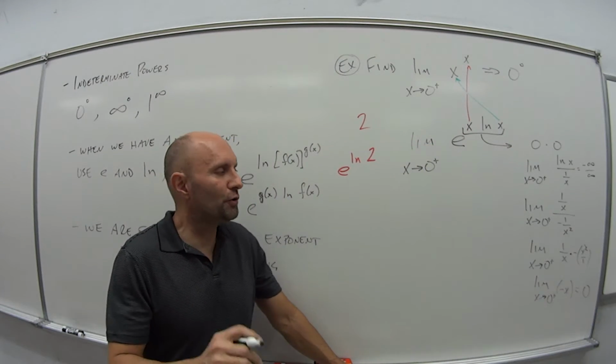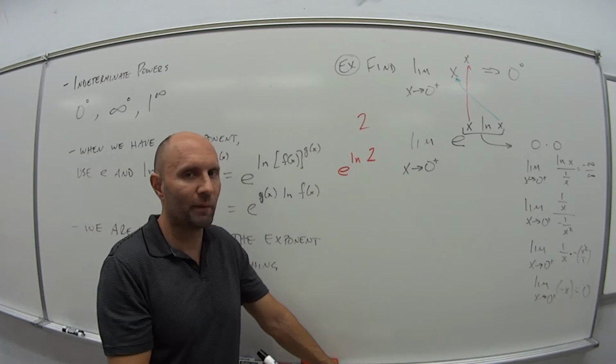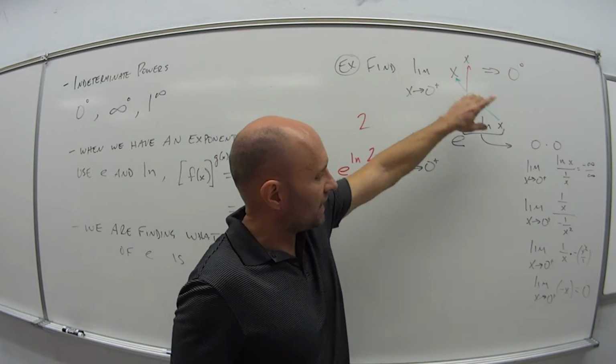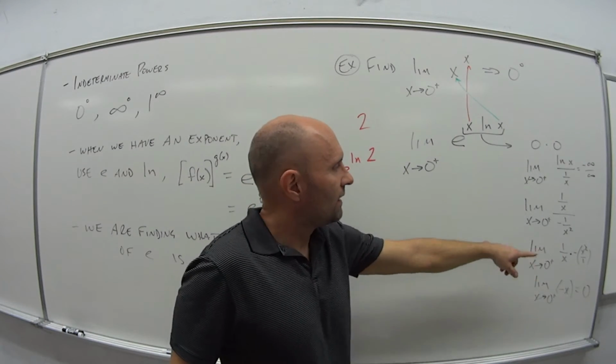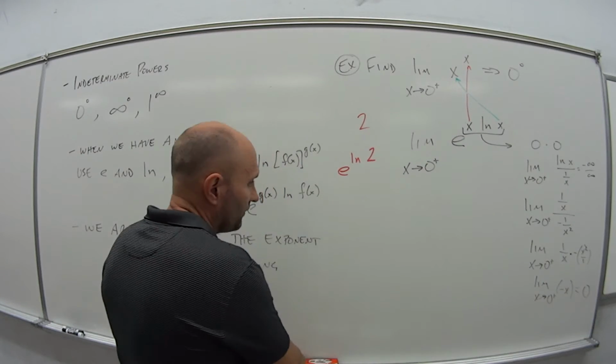This is where you have to be careful with these indeterminate products, because the whole expression is not approaching 0. The exponent on e was approaching 0.